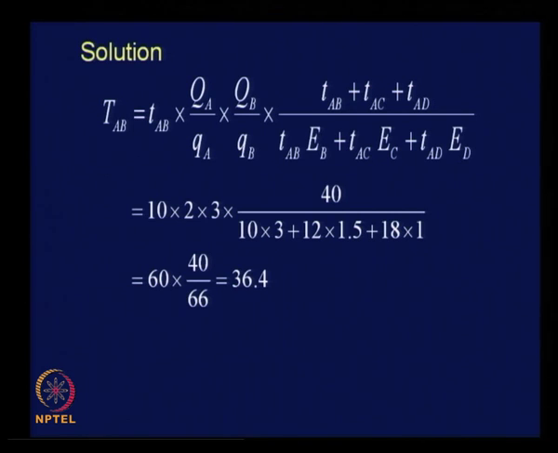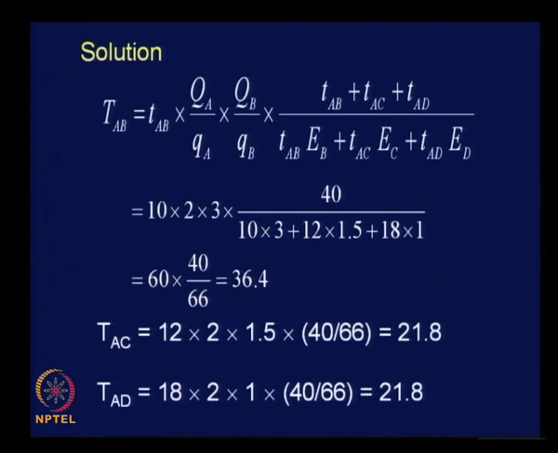On the same lines you can get the values of T_AC and T_AD, all the trips related to zone A, trips originating from A to B, A to C and A to D, and this part is the same because we deal with zone A. So, obviously we can directly take these numbers as 40 by 66, that is what I have done here, only these values will change, and put the corresponding values and get the number as 21.8. In the second case also we get exactly 21.8, clear.